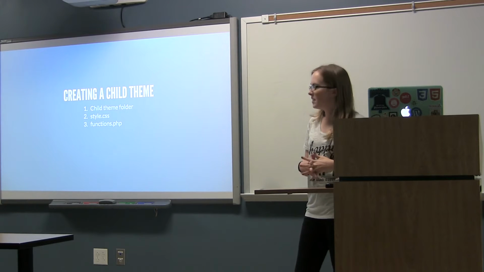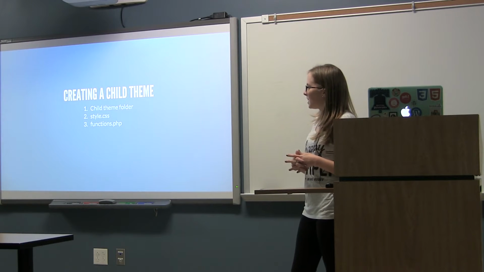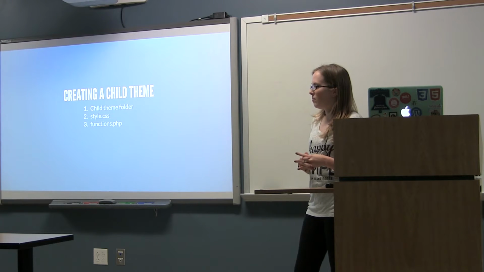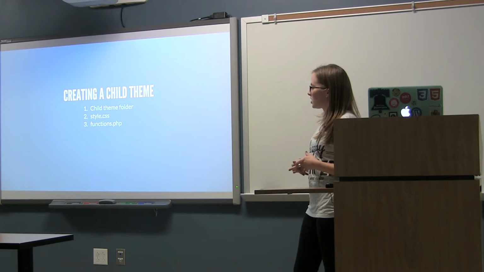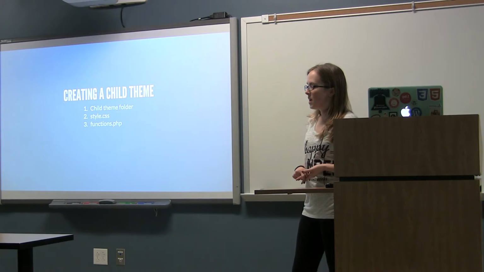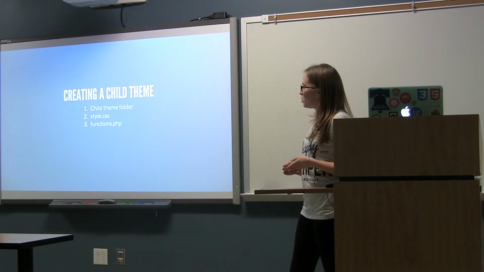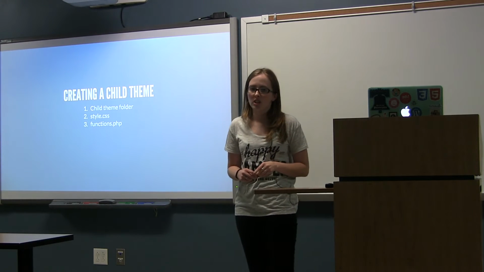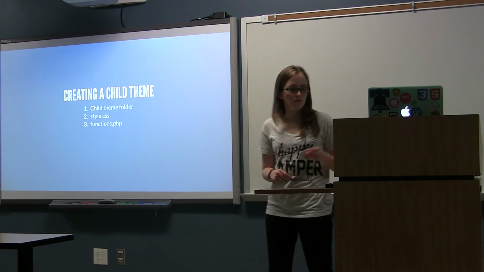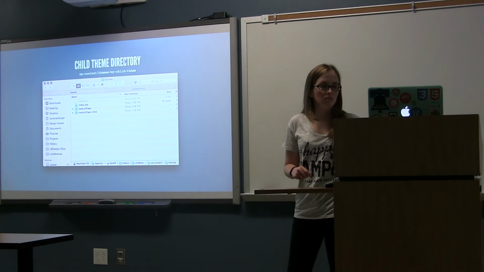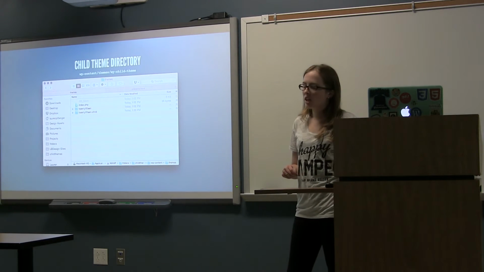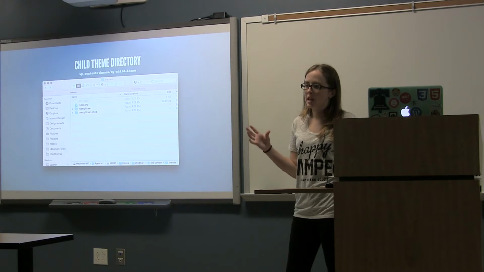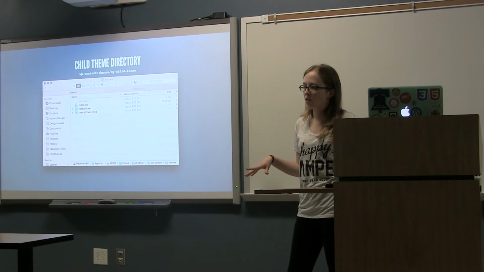So there are 3 steps in creating a child theme. We first need to create a child theme folder, and then within that folder we need 2 files, a style.css and a functions.php. And that child theme sits in the same directory as any of your other theme files.